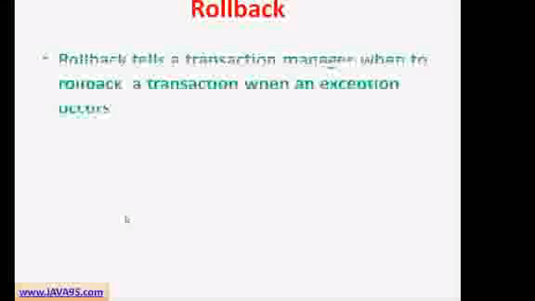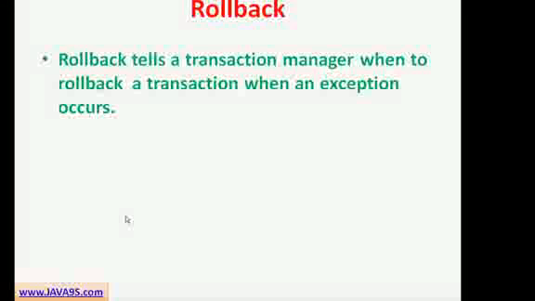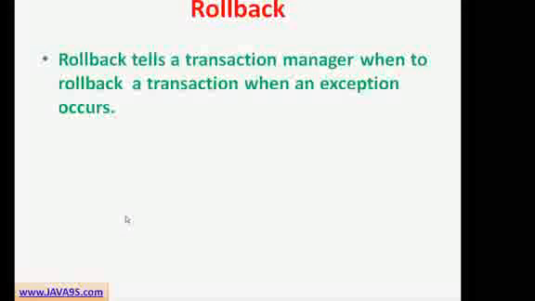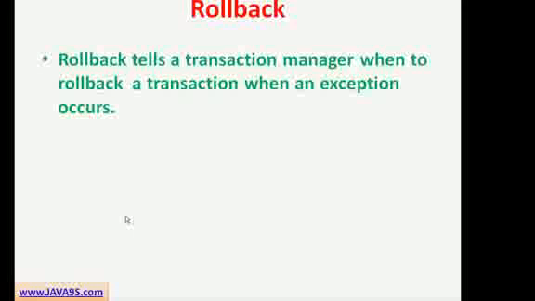So the last one is rollback. Rollback tells a transaction manager when to roll back a transaction when an exception occurs, but you should remember that in Spring, the transactions will generally get rolled back when a runtime exception occurs.